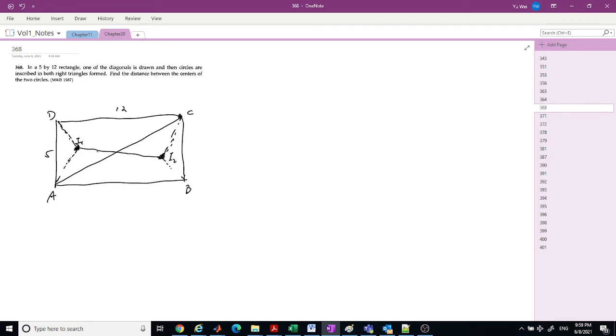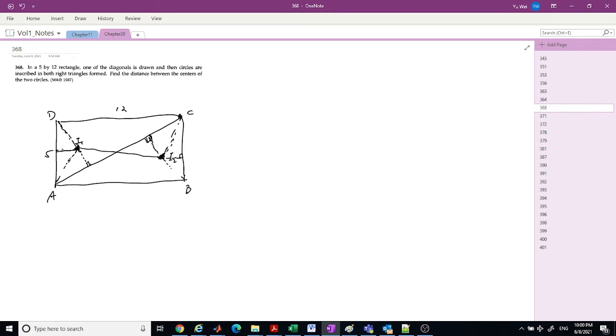Okay, that means all the corresponding lines are equal, like DI1 is equal to BI1, and AI1 is equal to CI2. All the corresponding sides are also equal. And also we have the radius must be the same, right? Like this is the radius.